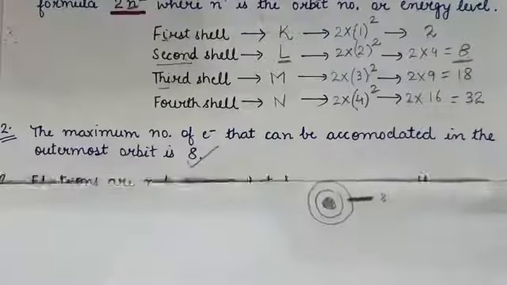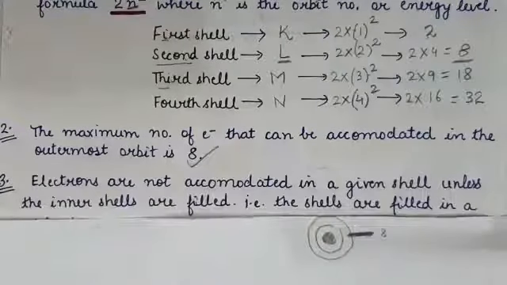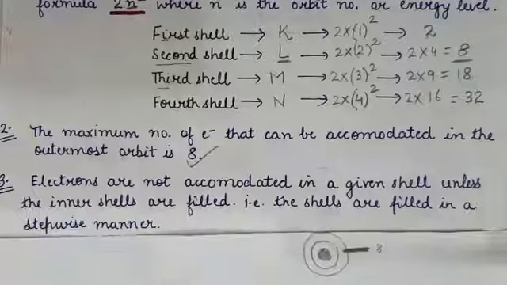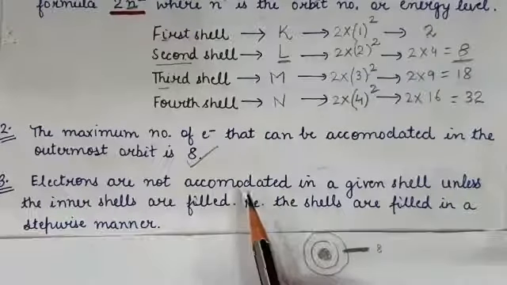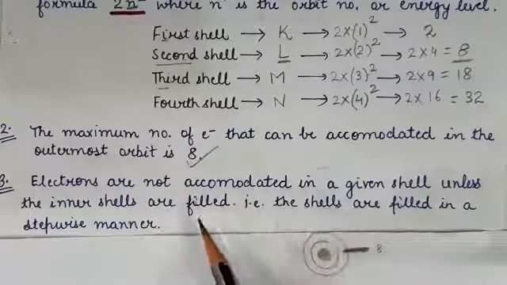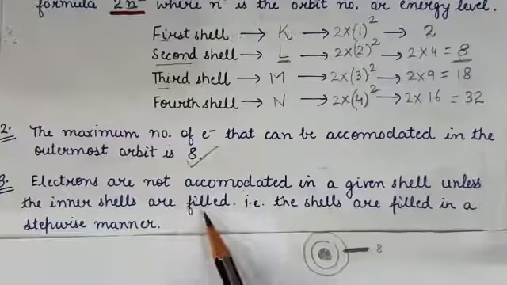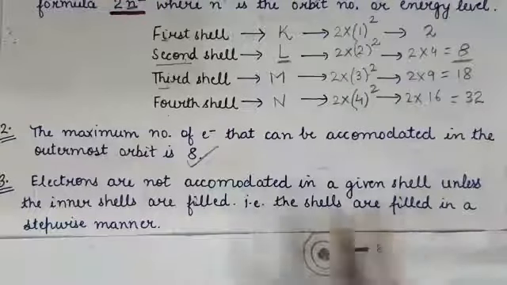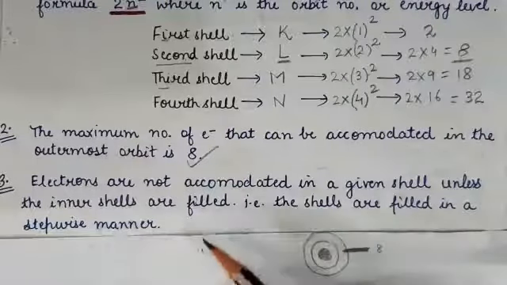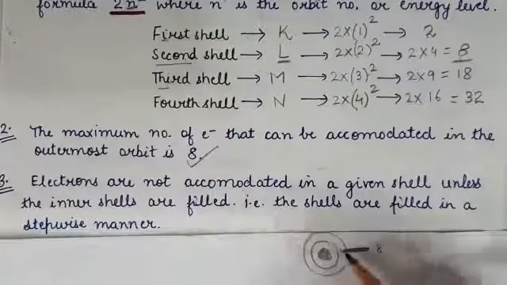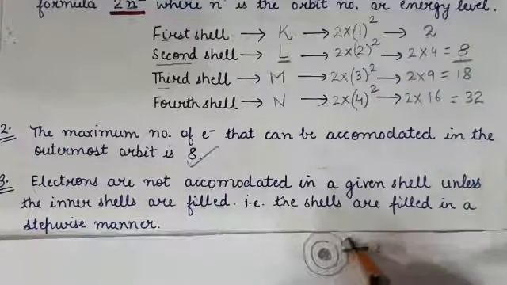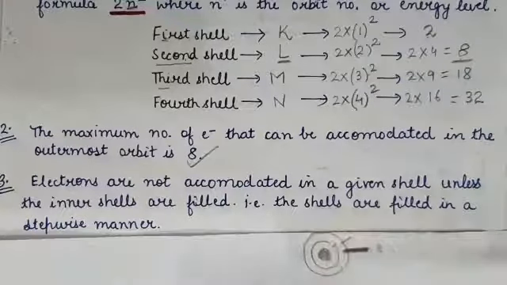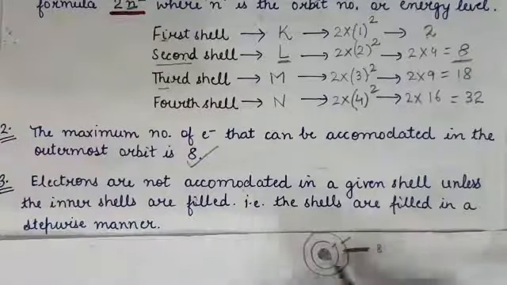Coming to the third rule. The third rule is that electrons are not accommodated in a given shell unless the inner shells are filled. That is, the shells are filled in a stepwise manner. It does not mean you fill the second shell first, then the first shell. No. The shells will be filled in a stepwise manner.